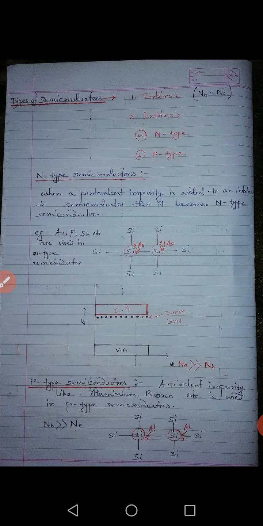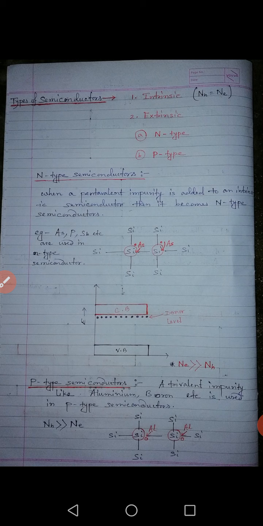Types of semiconductor. The first one is intrinsic. Intrinsic means whatever I have just discussed about semiconductors, where only one type of atom is present. Semiconductors are metalloids like silicon, germanium, etc. If I take a particular block of silicon, then only silicon atoms will be there.